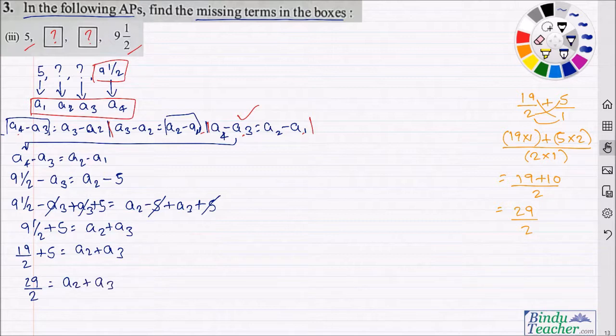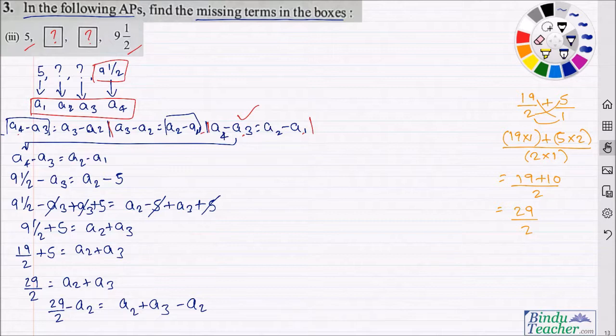Now here we can decide whether we want to find the value of A3 first or A2 first. So what I'll do is I'll keep A3, so let's use A3 first. So we have 29 by 2 equals A2 plus A3. I will balance the equation by taking out A2. So I'm adding minus A2 here, but whatever I do on the right hand side, I should also do on the left hand side to balance the equation.